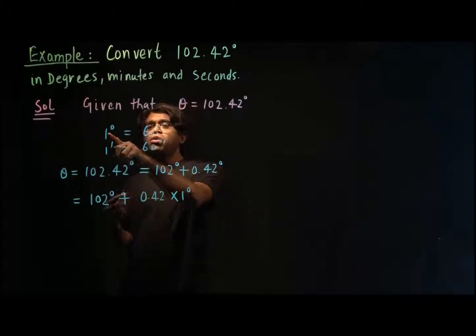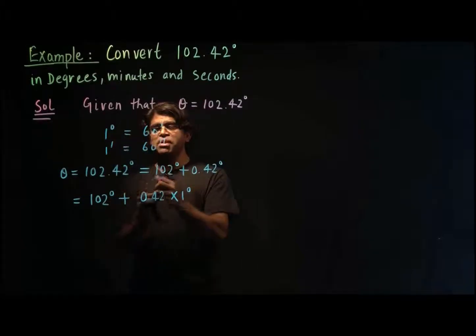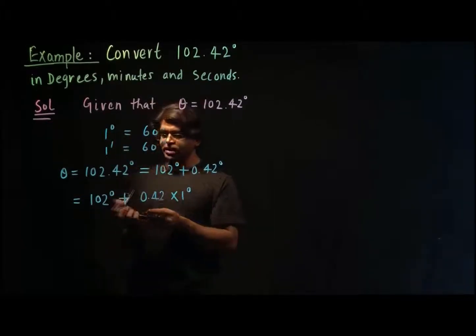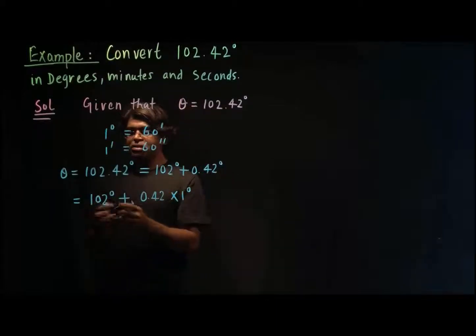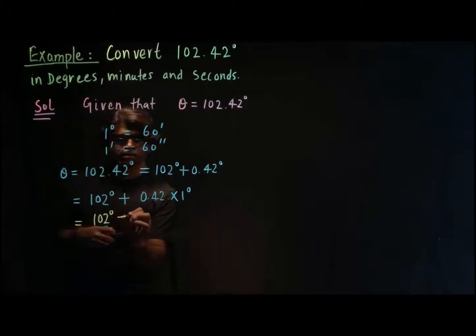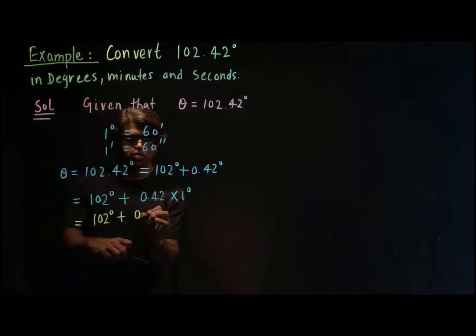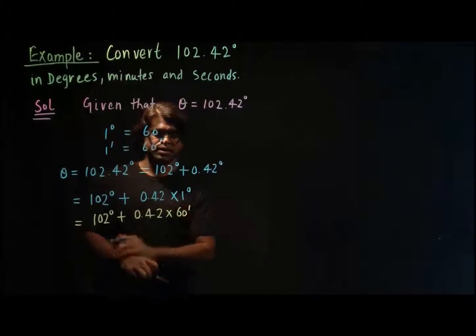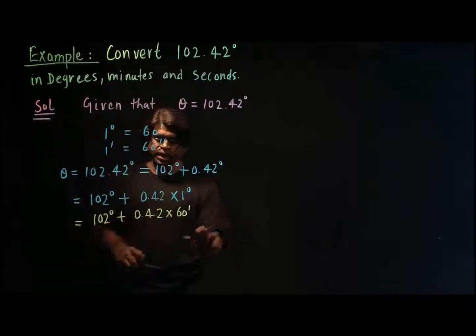Now, we all know that 1 degree is 60 minutes. So for this 1 degree, I'm going to substitute 60 minutes. So this is equal to 102 degrees plus 0.42 times 60 minutes. Now let's multiply.